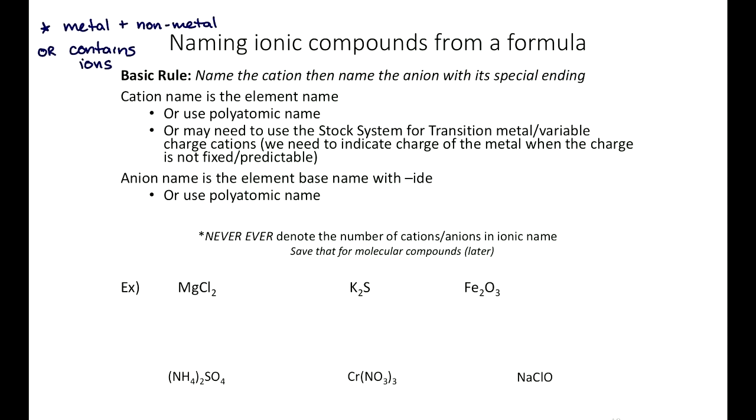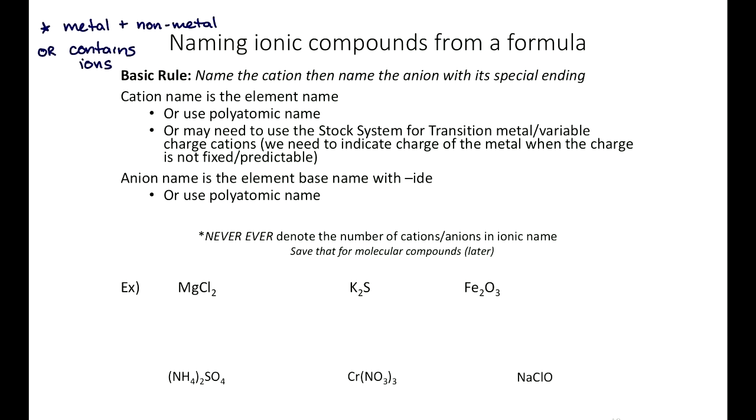So the basic rule for naming ionic compounds is you just name the cation, then you name the anion. That's it. You never, ever tell the reader how many of each ion there are. And I only point that out because the rule is different for molecular compounds, right?